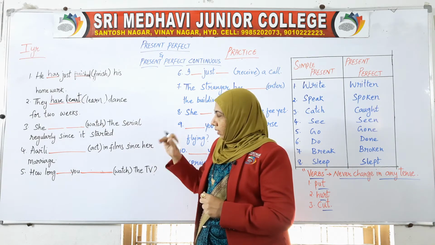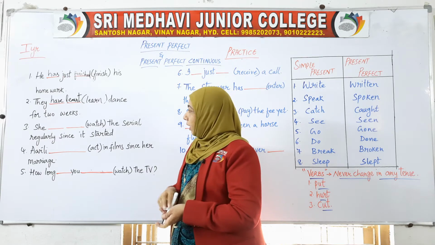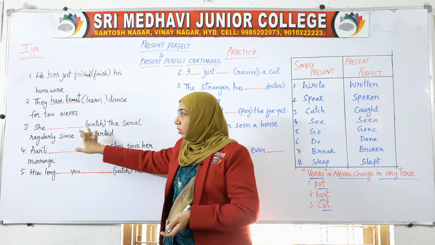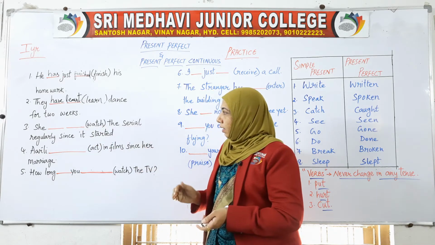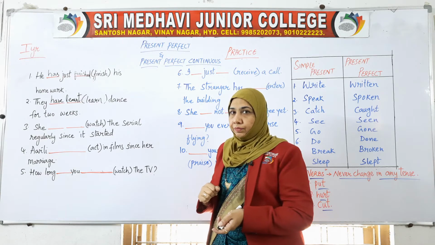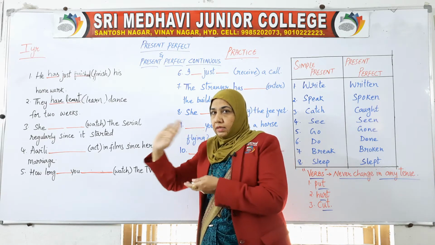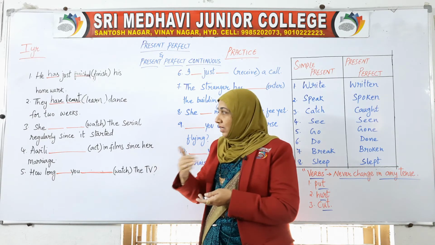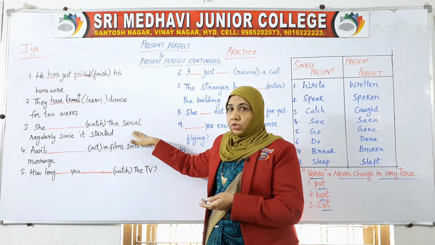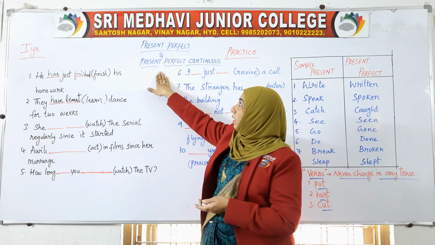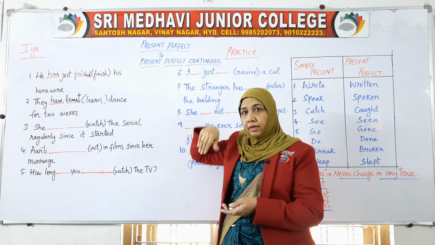Now next is she dash dash. Here we have to use watch the serial regularly since it started. It started somewhere in the past. Now still she is watching. So which tense could it be? It could be present perfect continuous.